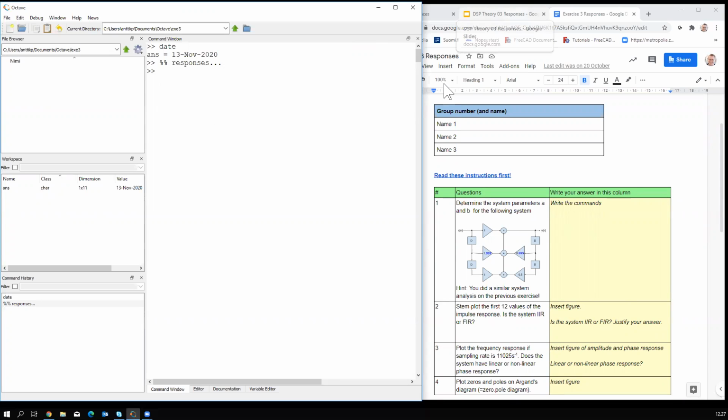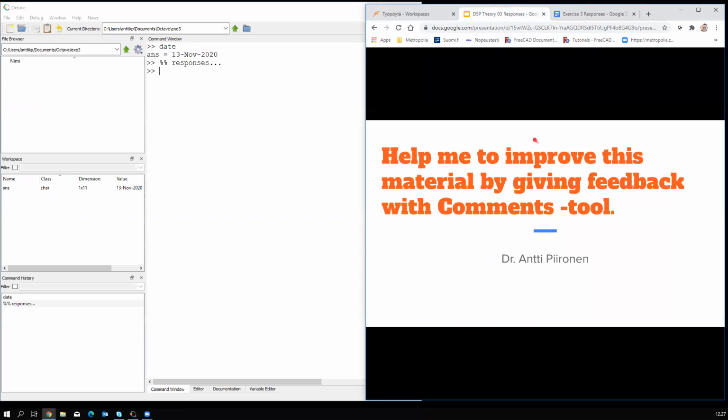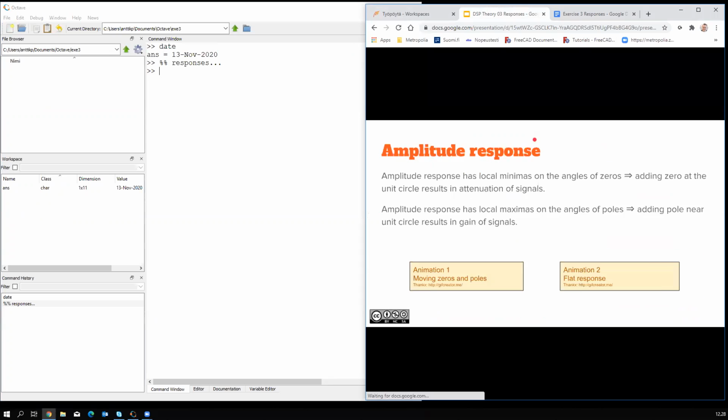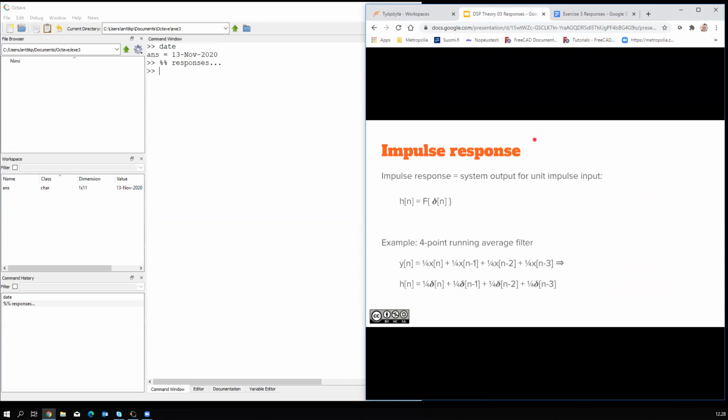From the difference equation, you can easily calculate the sum form of the transfer function. Let me go a little bit back.